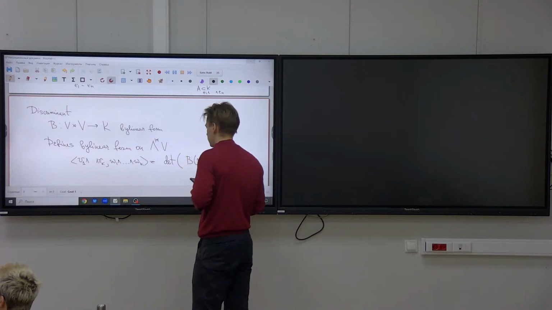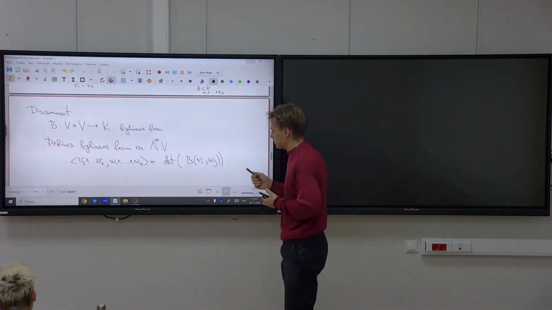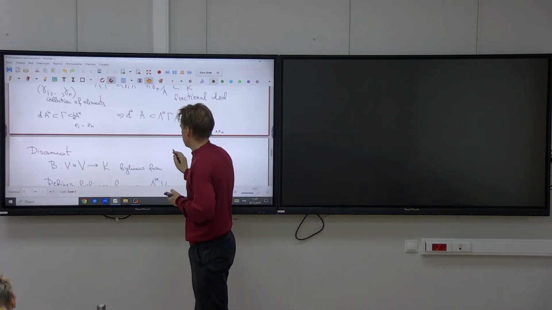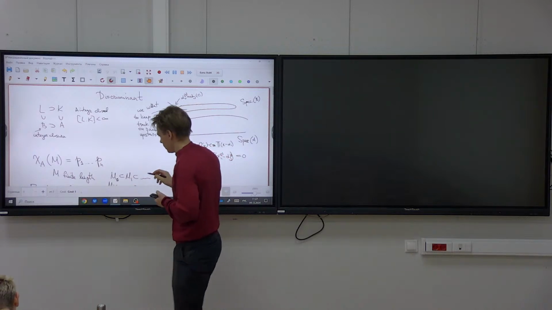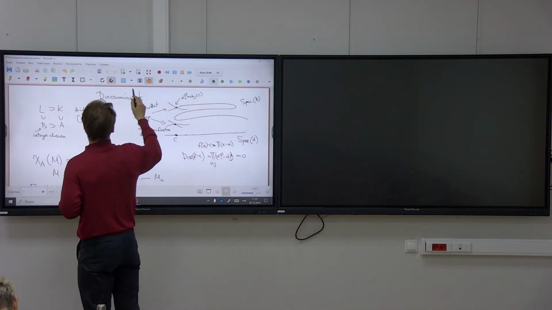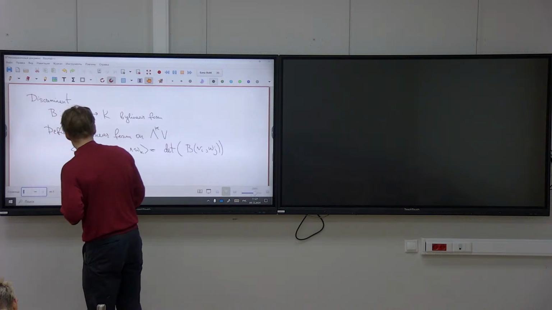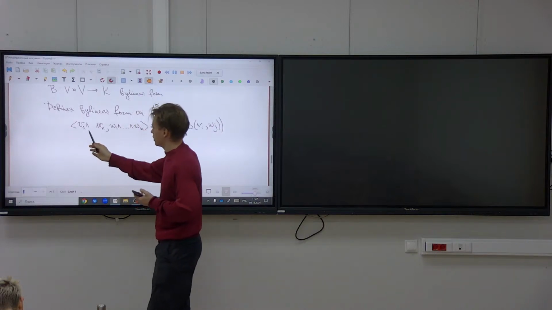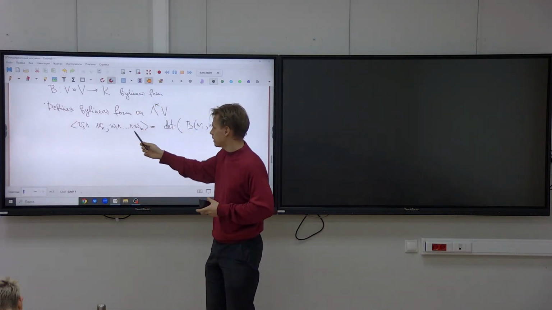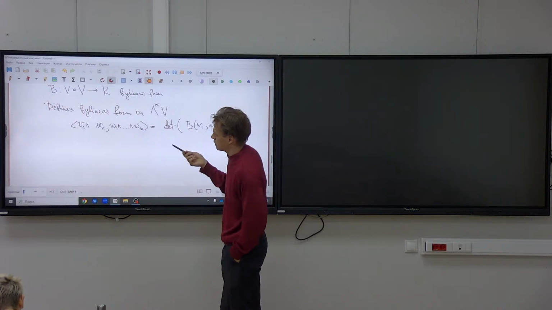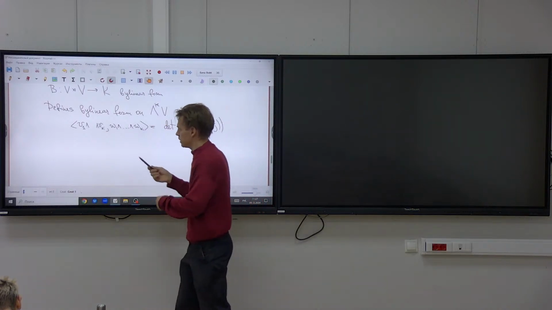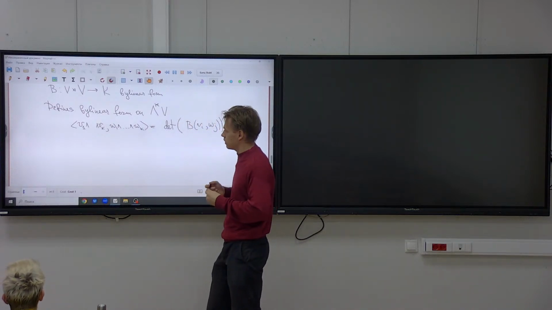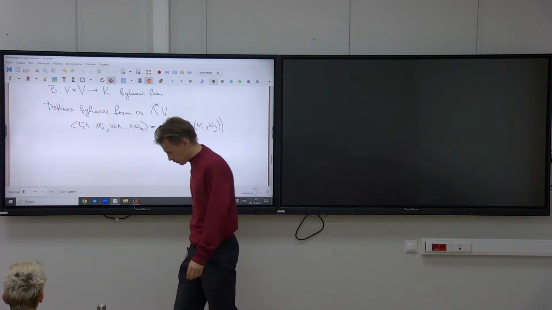So notice that this is a well-defined bilinear form. Because if you interchange vectors here, you have to understand that the answer will be just the same for monomials. So it is well defined on monomials.